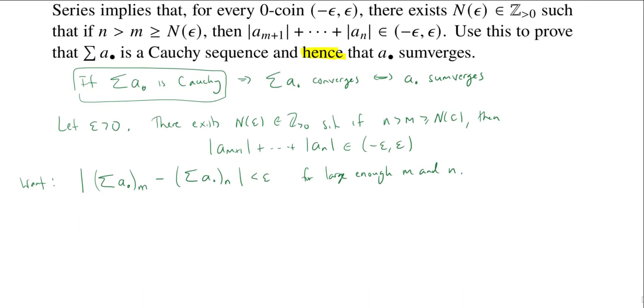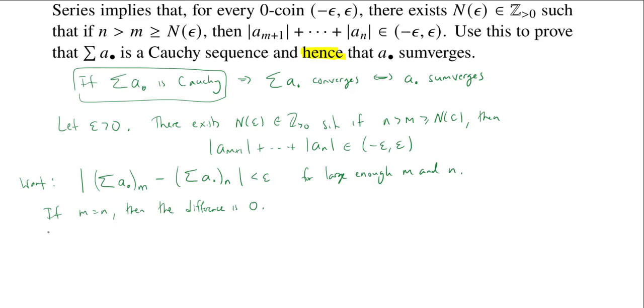All right, now, no matter what m and n are, if m is equal to n, then of course this is just 0. So if m equals n, then the difference is 0. And there's nothing to worry about. 0 is definitely less than epsilon. If m and n are not equal to each other, then one of them is bigger.